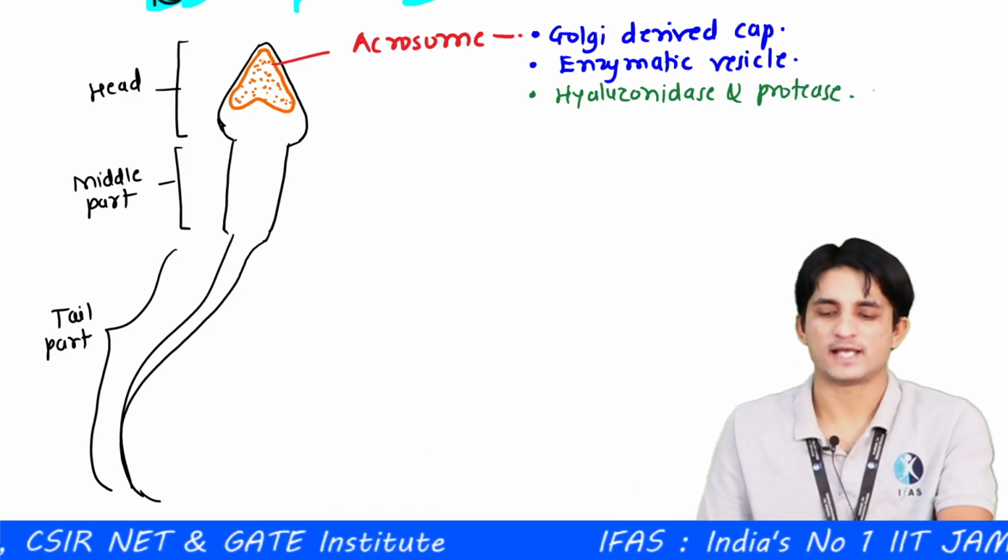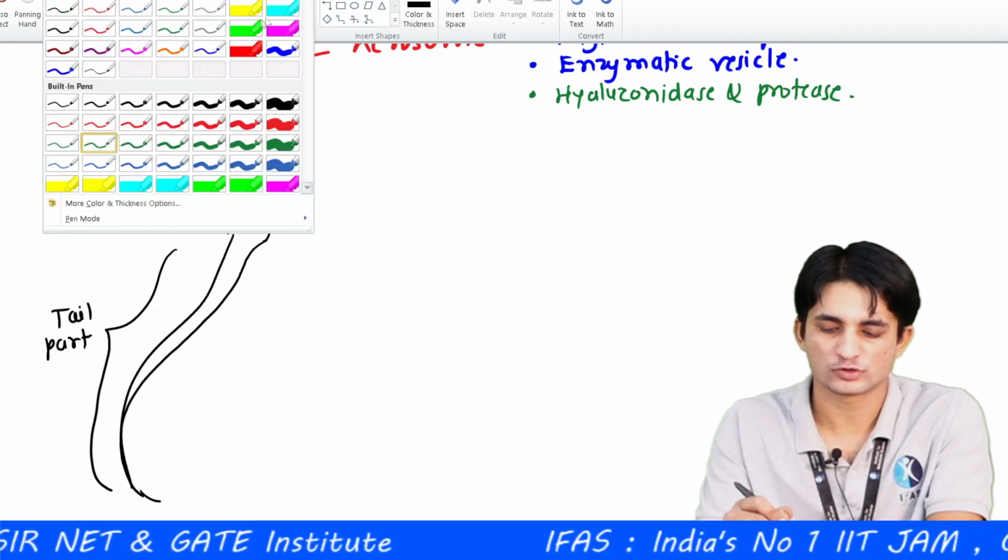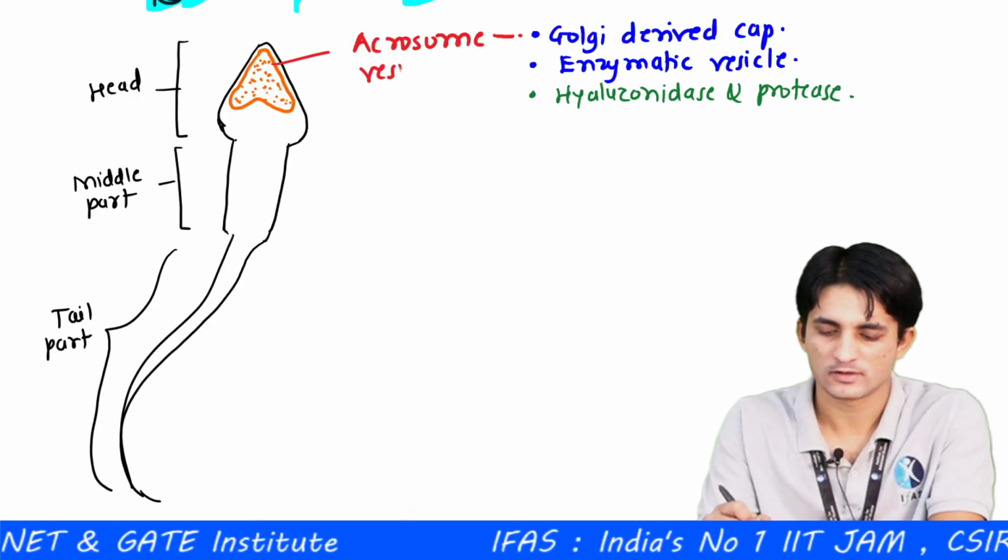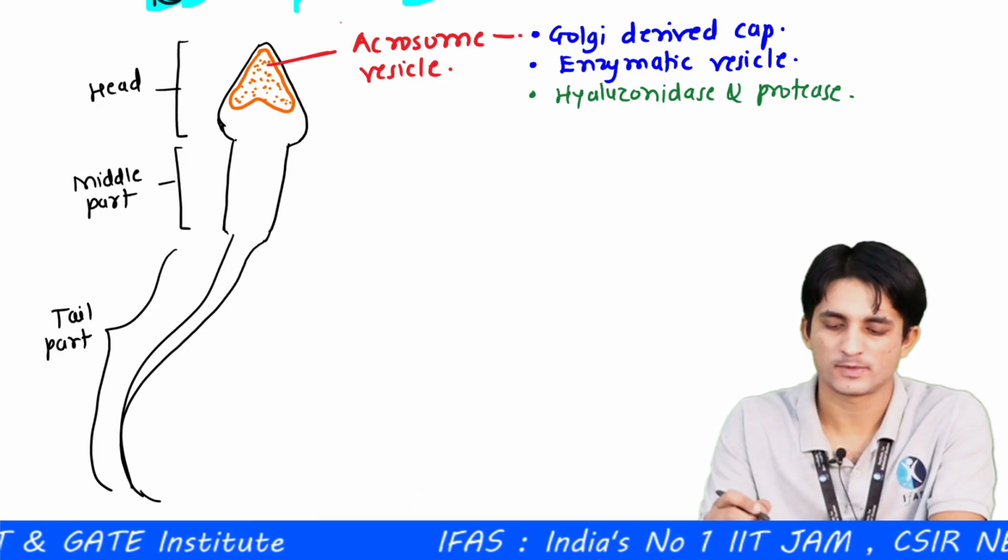So this is the acrosome, or acrosome vesicle. This is the first structure.